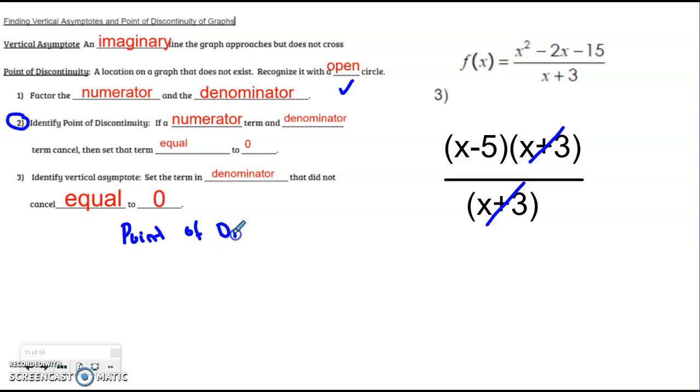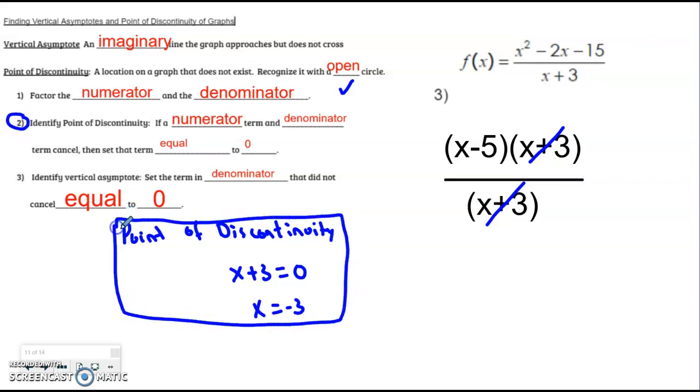And that point of discontinuity is going to be based off what I canceled. In this case, I canceled the x plus 3, so I'm going to set x plus 3 equal to 0, and I get x to be negative 3. So wherever the graph is at negative 3, there is a point of discontinuity.